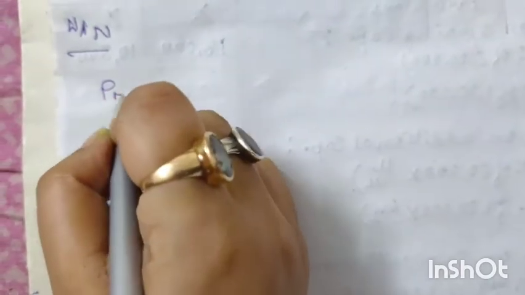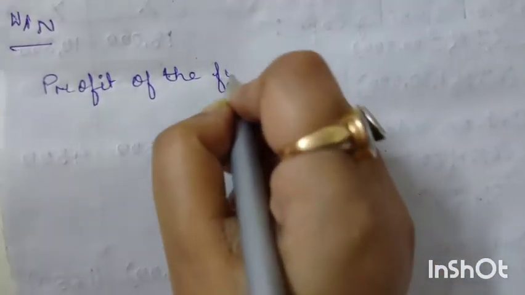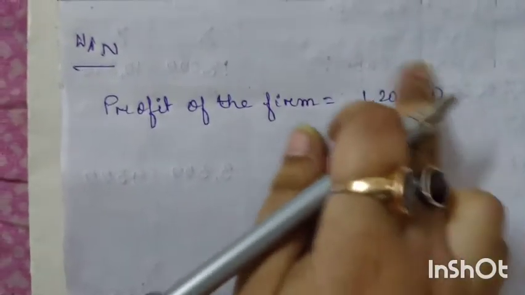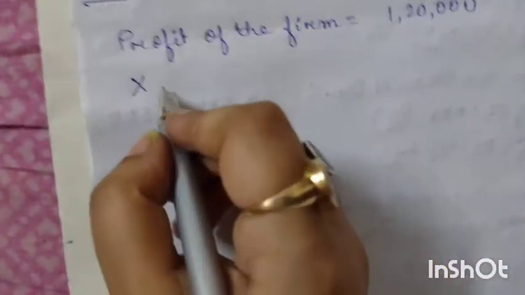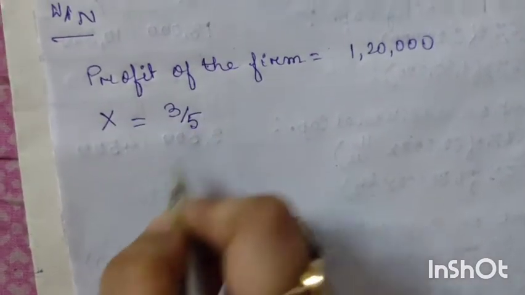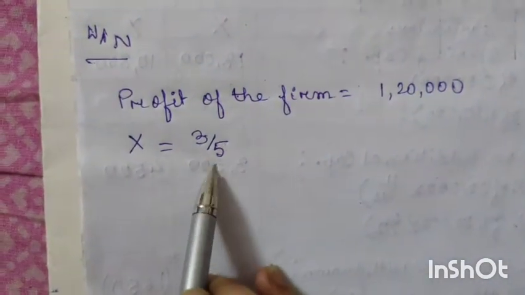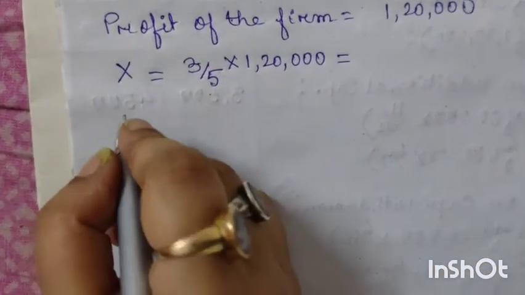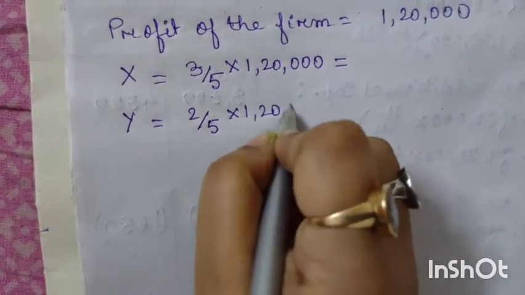Profit of the firm, it is given 1,20,000. So this is the total profit of the firm. Now what is X's share? If the ratio is 3:2, then X will get 3/5, right? 3 plus 2 is 5, so 3/5 into 1,20,000, and for Y it will be 2/5 into 1,20,000.